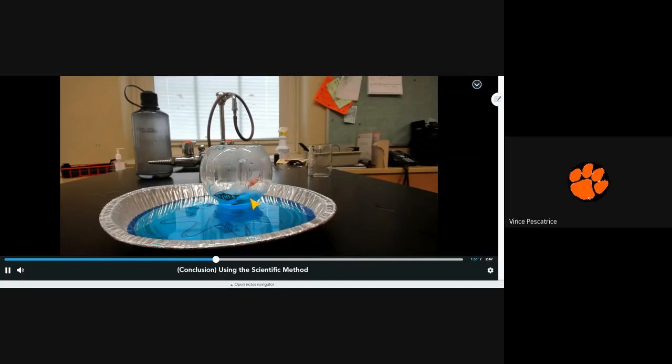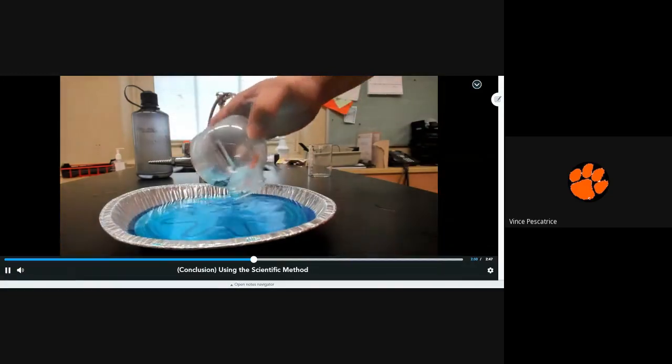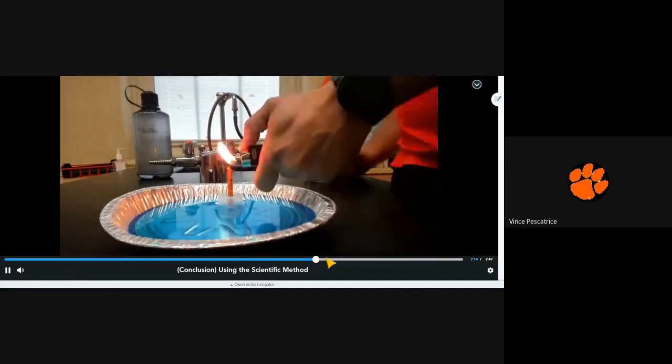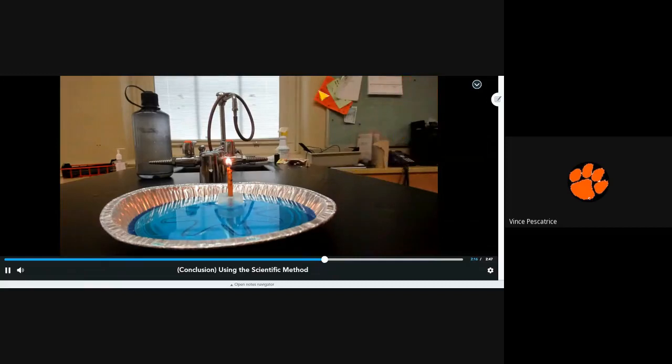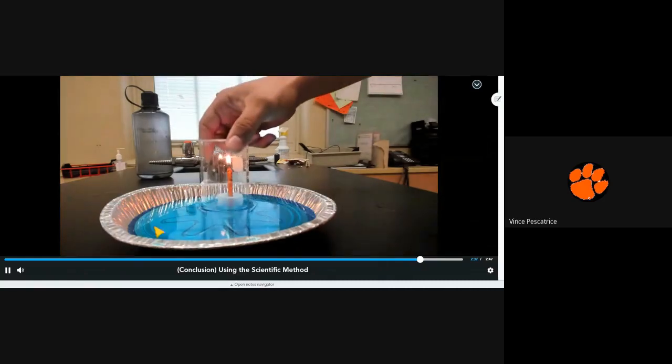All right, so look where that wound up, right about here. I would say it's about a quarter of the way up the jar. And then finally, I got a third beaker. Right here.